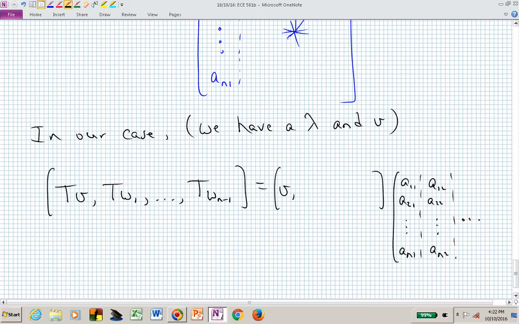We have Tv equal to v, then w1, w2 up to w sub n minus 1. And out here we have A sub 1n, A sub 2n, down to A sub nn.